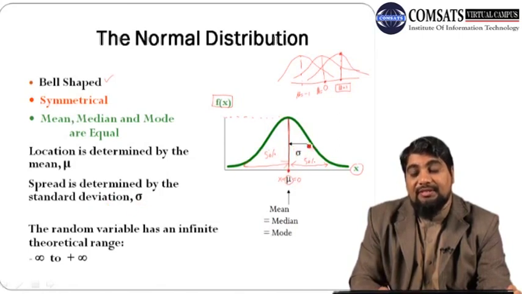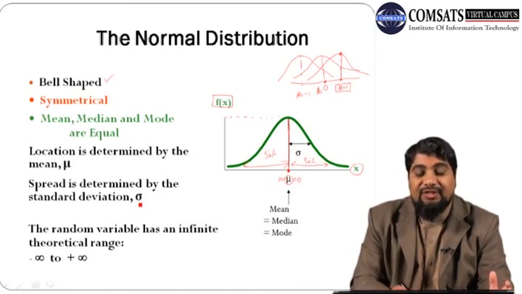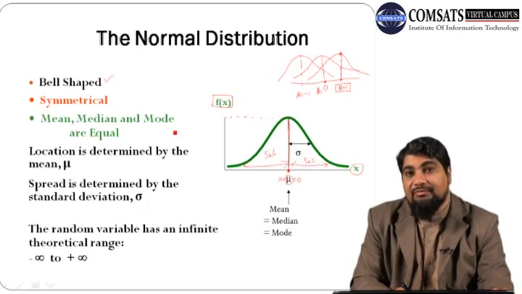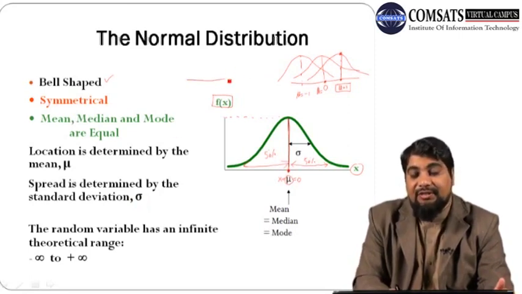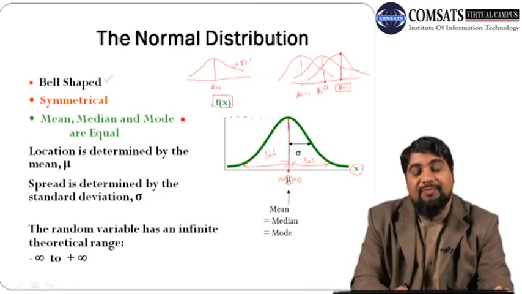So sigma measures the spread. If sigma is a small number, we will see a low spread, and if sigma is a big number, we will see a large spread. So in order to explain it, suppose this is our original normal distribution with mean 0 and sigma equals 1.